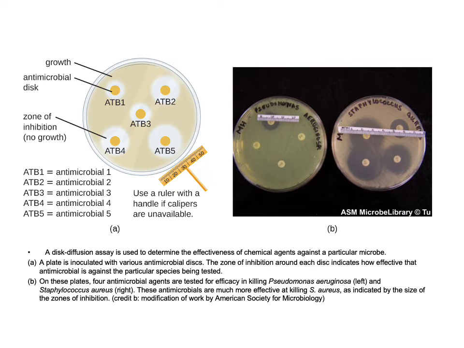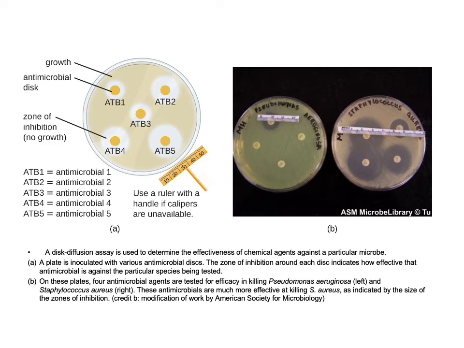When we look at disc diffusion, we are first going to make a lawn of bacteria on a petri dish. And then we are going to place the soaked paper discs onto that lawn of bacteria. They've been soaked with an antimicrobial of some type. They have been soaked with an antibiotic or a disinfectant.